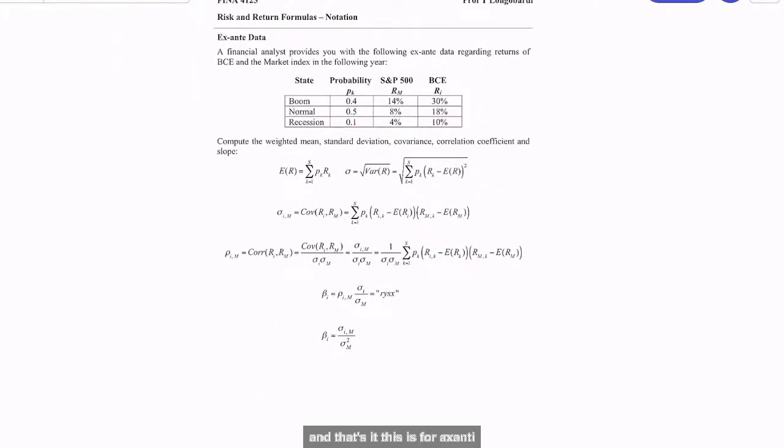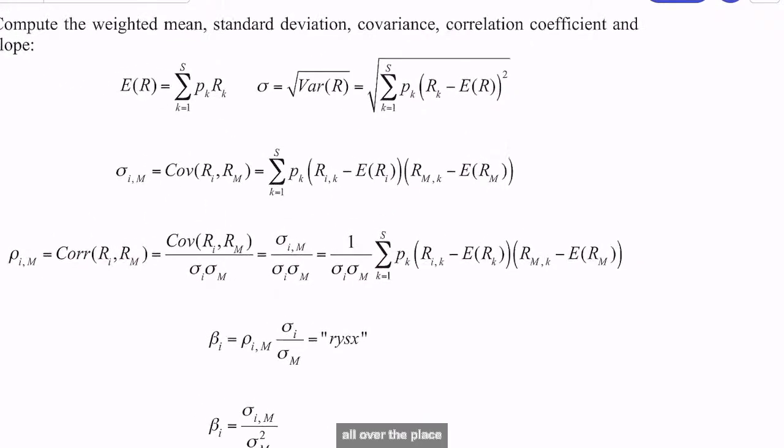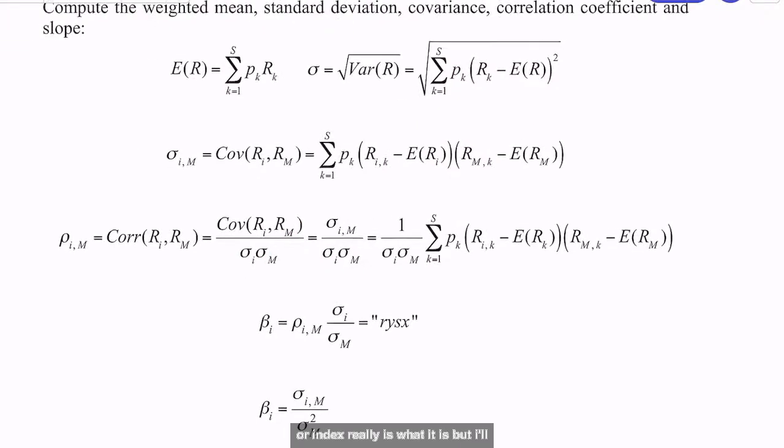And that's it. This is for ex-ante. Again, similar formulas, just there's R's all over the place. R for return, because we're going to work with financial data and returns to the market. That's the M here. And the returns to the stock, I for individual stock, or index really is what it is, but I'll call it individual.